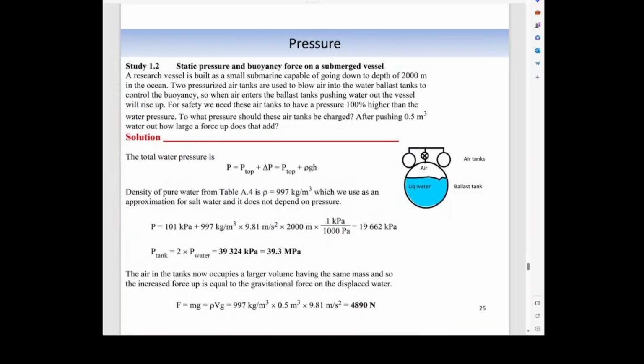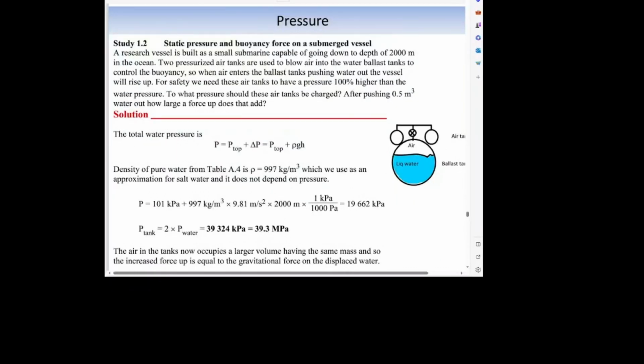Okay. Here's an example of static pressure and buoyancy force. So we're going to look at an example of a small submarine going down to a depth of 2,000 meters, where compressed air in some tanks is used to blow the water out of the ballast tank. The air displaces the water that's in the tank, and since the air has a lot less mass for that same volume, the submarine will rise.